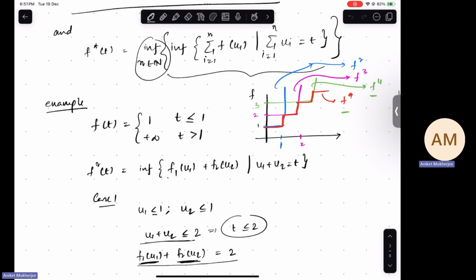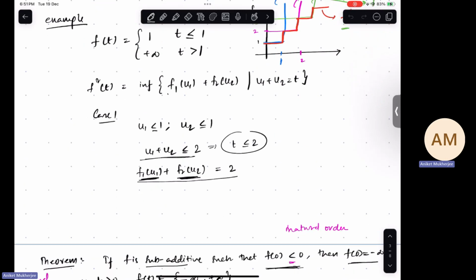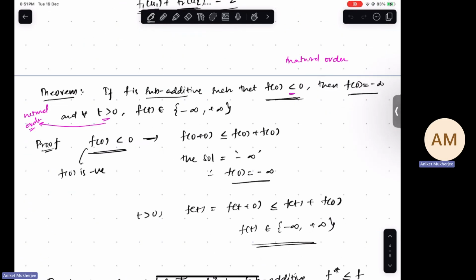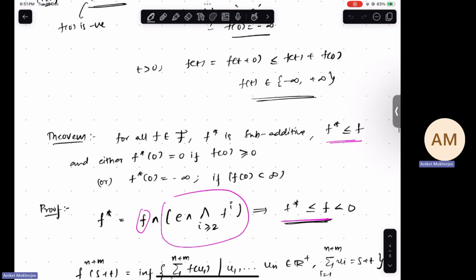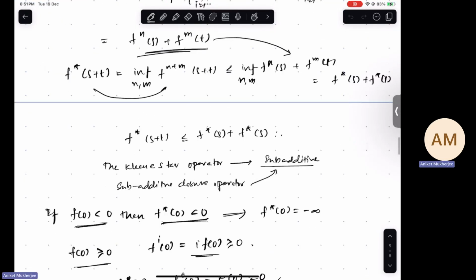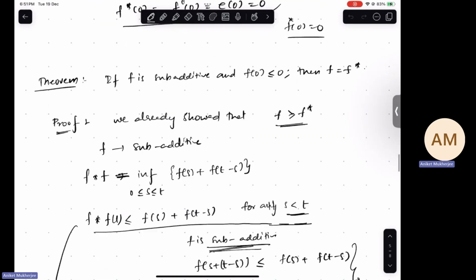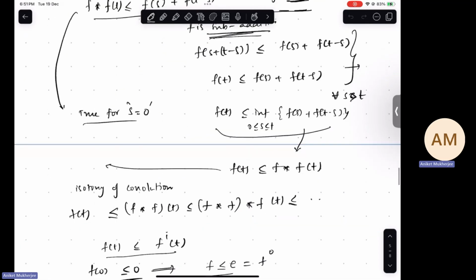We saw some examples of the Kleene star operator, then some properties of subadditive functions. Using these properties of subadditive functions and the Kleene star operator, we saw some theorems on subadditive closure operators.